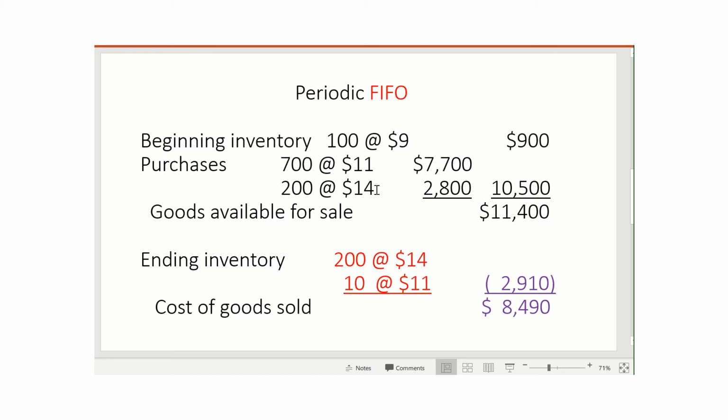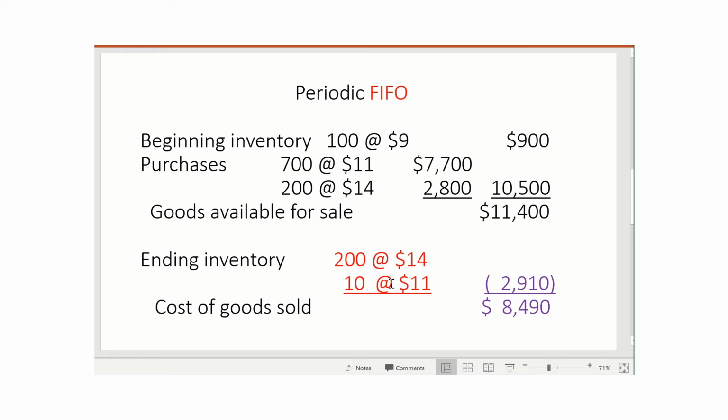The very last units you can see here are 200 at $14 a piece, and so we make the assumption that those 200 are in ending inventory at $14 a piece. But that's not enough. There's not 200 units in ending inventory, there's 210 units. So since we've taken 200 from this group, we go up one step further and take the other 10 from the next newest group at $11 a piece.